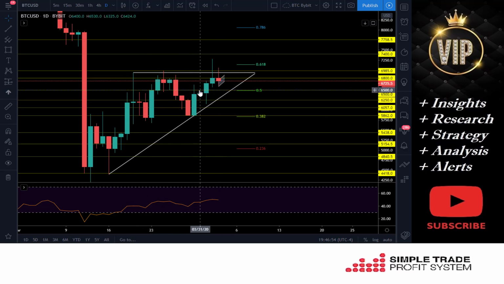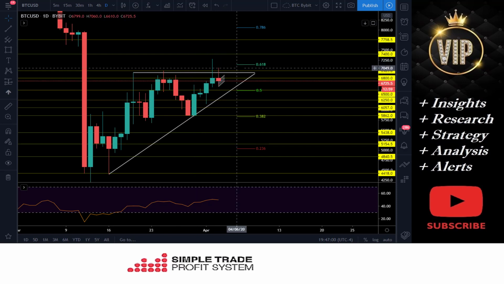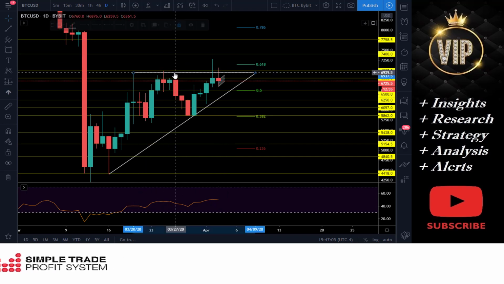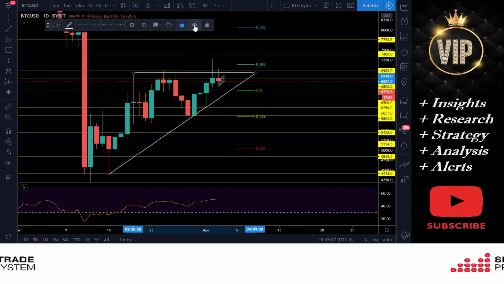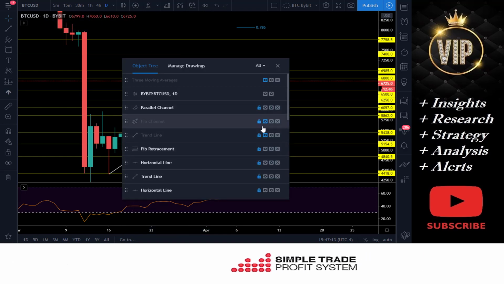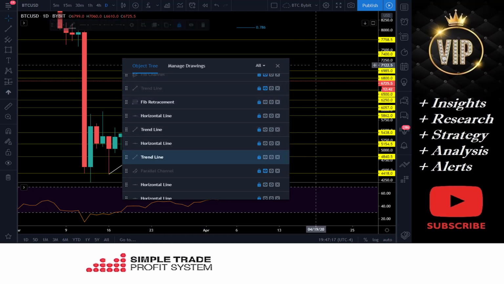And if you remember from the first video, ascending triangles typically break up to the upside. So I'm seeing two different signs here, two different patterns forming. So I'm really trying to play it safe and waiting to see which one of these is going to be the right one.